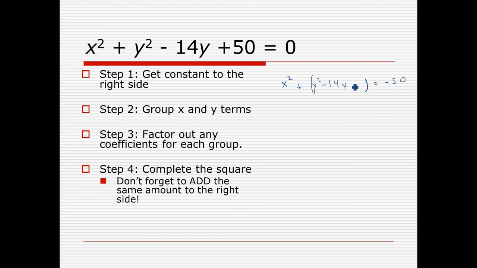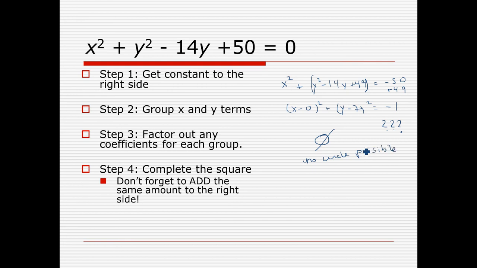Negative 7 squared is 49. So I get x minus 0 squared plus y minus 7 squared is equal to negative 1, there is no circle possible.